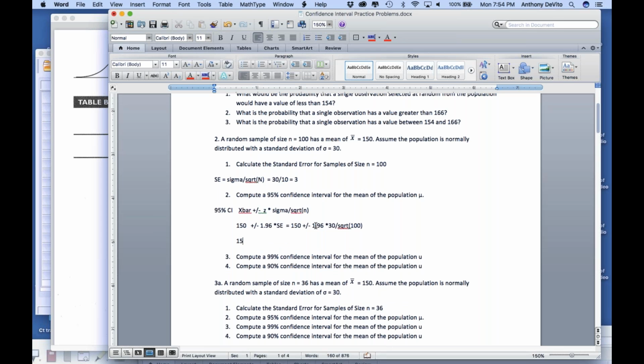It's going to be equal to 150 plus or minus 1.96 times 30 over 10, which is 3. So 150 plus or minus, well, 1.96 times 3 is a little under 6, so it's 5.88, I think. Am I right about that? Plus or minus 5.88.